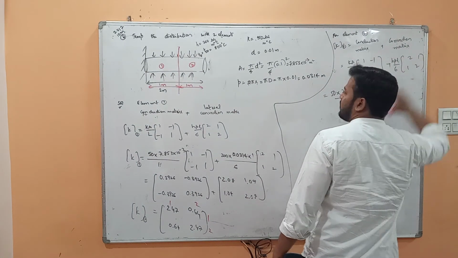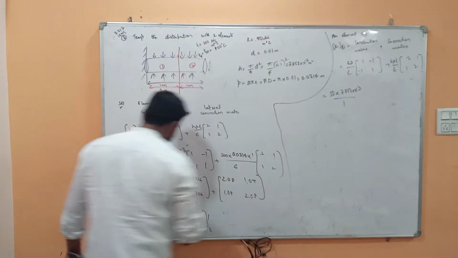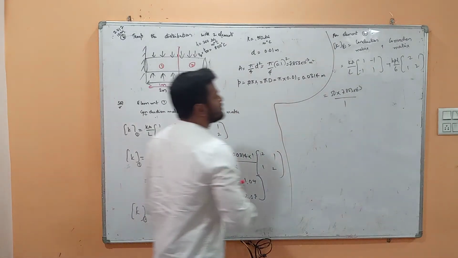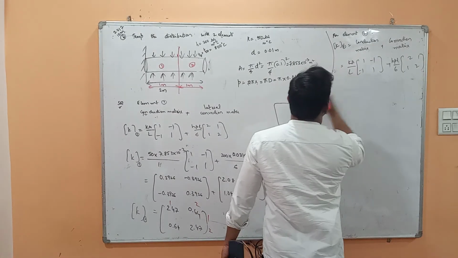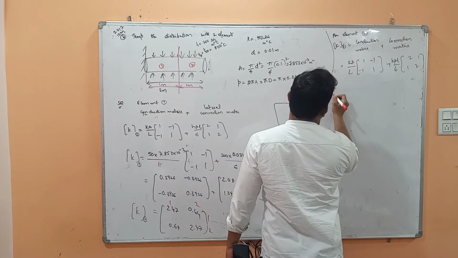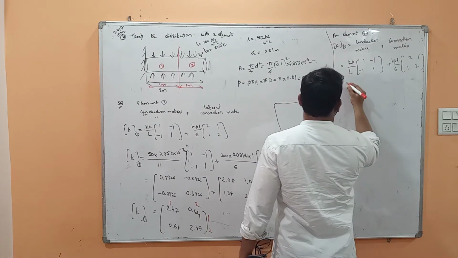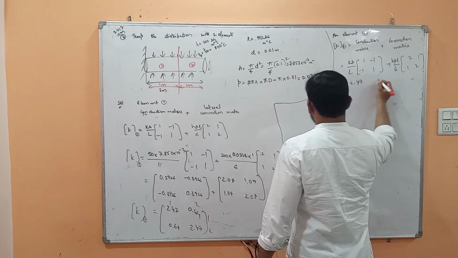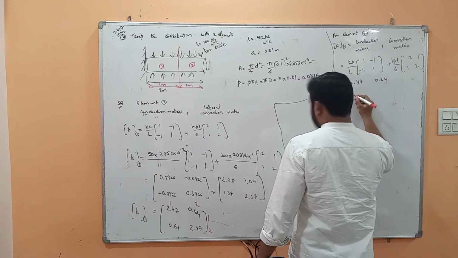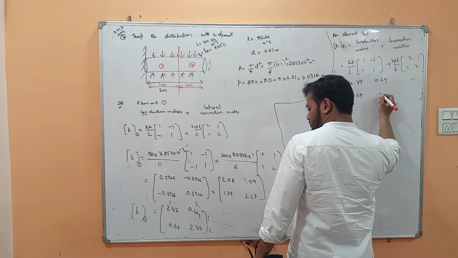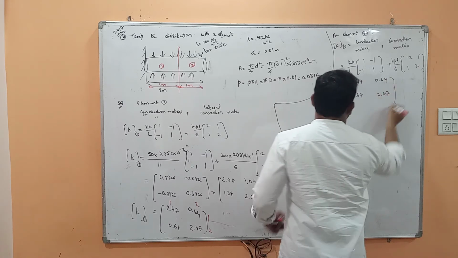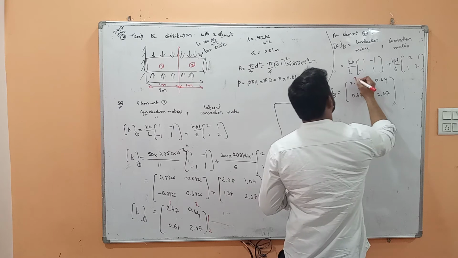So again we are going to get the same K2 value. So I am not going to solve it once again. You can solve it in the exam. Okay, so K2 again I am going to get the same 2.47, 0.64, 0.64, 2.47. So element 2 is connecting nodes 2 and 3.